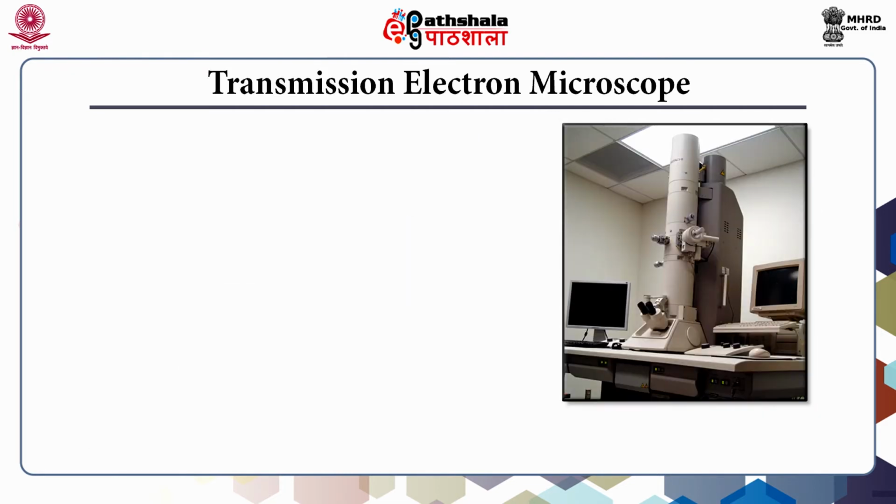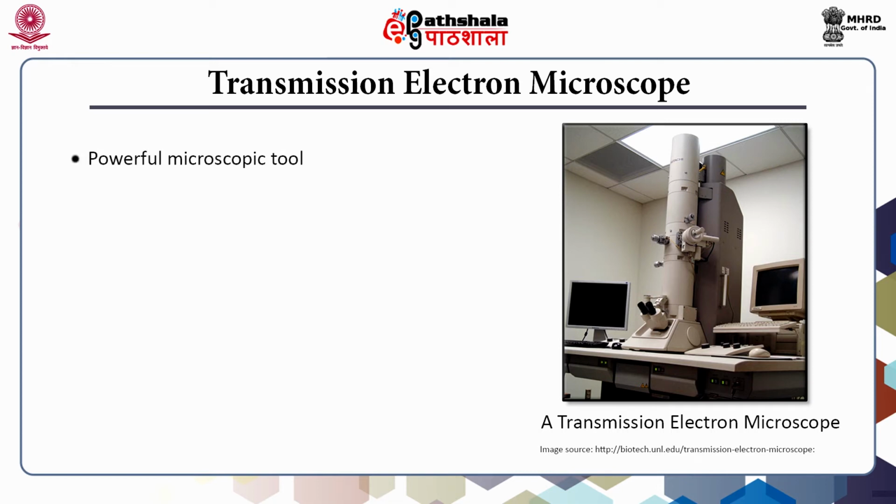A typical image of the transmission electron microscope is shown on the right side of the slide. You can well realize the large size of the equipment. The transmission electron microscope is a powerful microscopic tool. It uses a high energy beam of electrons which is made to pass through a very thin sample to produce a high resolution two-dimensional image.